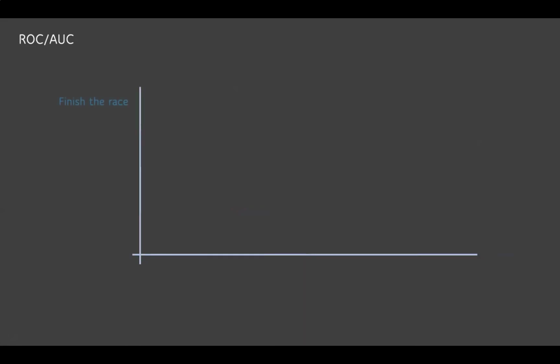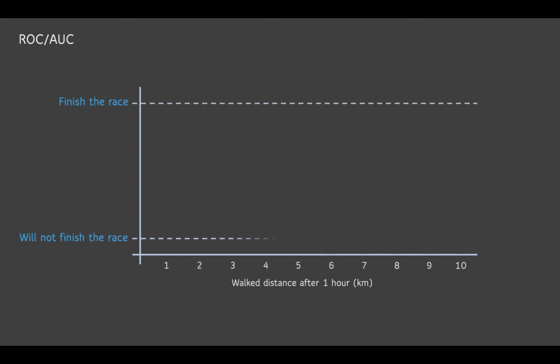To give us the context, let's have a look at the sample data. Here I have a logistic regression problem. We are looking for people who will potentially finish the race, that is the positive case, and people who will potentially not finish the race, based on their walk distance. This selected feature is plotted on the x-axis. I'm using this crazy example just for demonstration purposes.